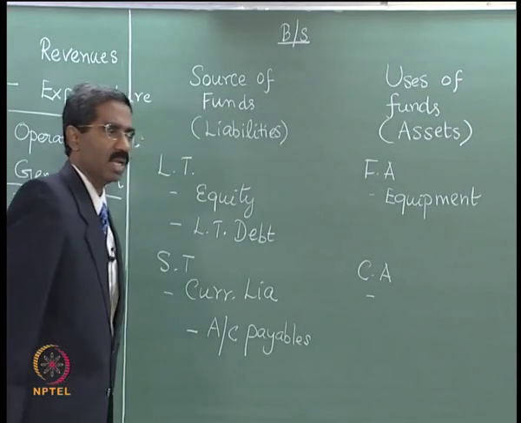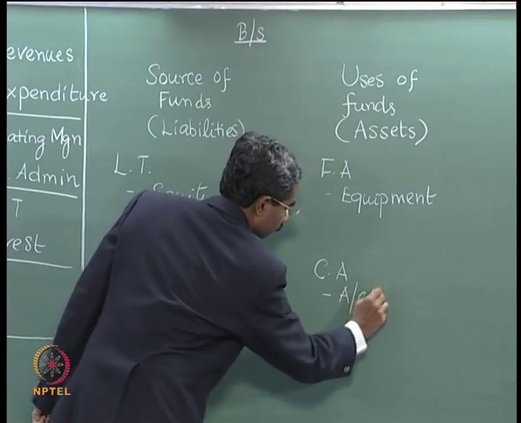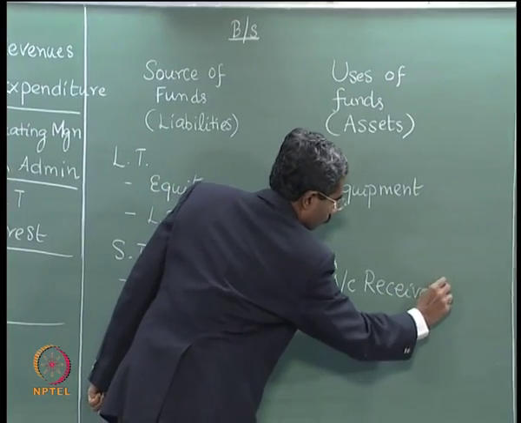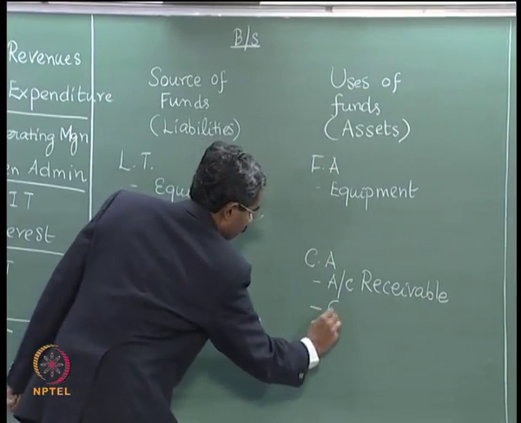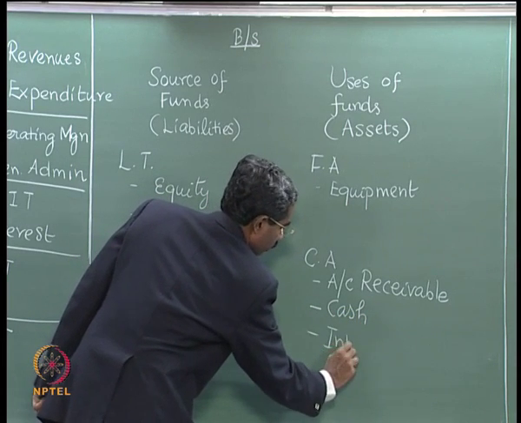In current assets we have items like accounts receivable, we would have cash, and then we would have inventory.